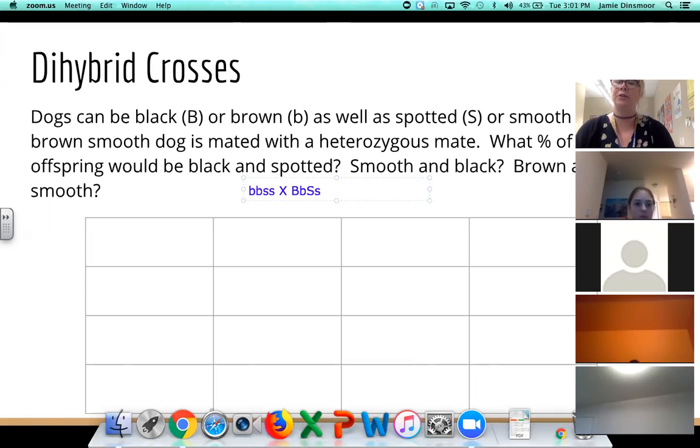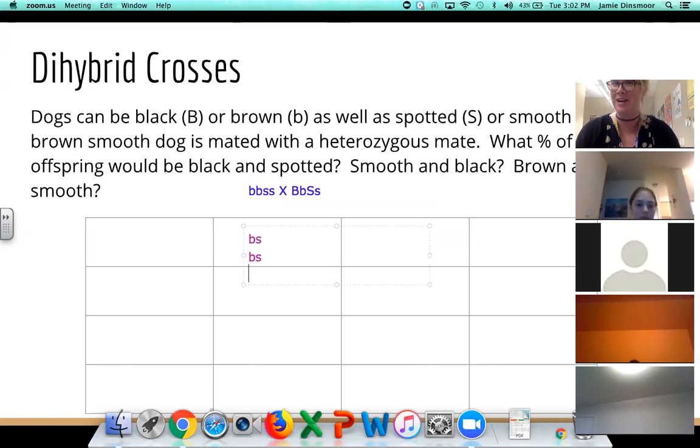Now, alleles separate independently, but they do separate. So that means from dog parent number 1, the possible alleles that I could get are, I could get the first little b and the first little s. I could get the first little b and the second little s.